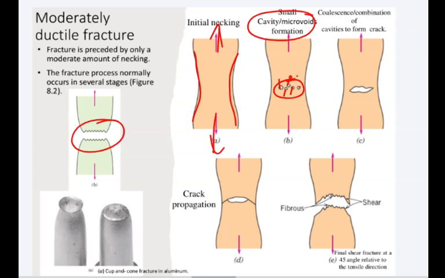Once these cavities are formed, if you continue to increase the stress, what will happen? These cavities will come close to each other and combine, and once they combine, they form cracks.